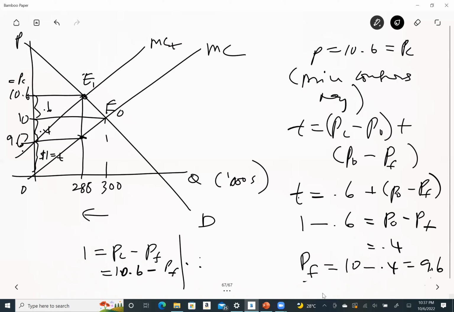So there are a few ways of doing it. So what you can do here, you say that you describe the price consumers pay is 10.6. The price firms get is 9.6. The quantity exchanged after the tax is reduced to 288,000 from 300,000. And then finally, you look at the incidence of the tax, the burden of the tax.